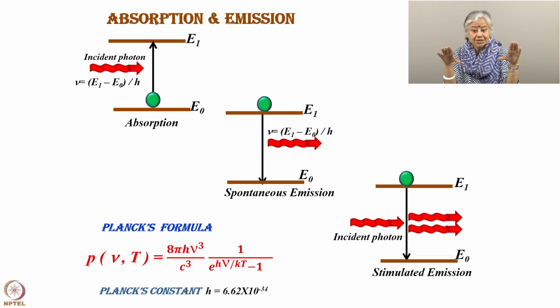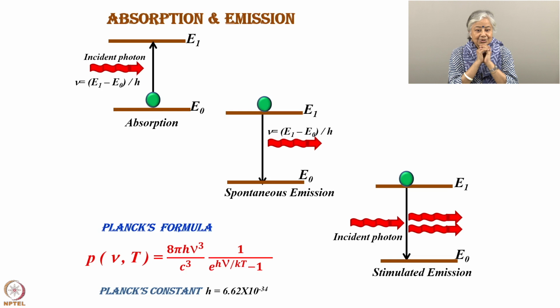Now, all this radiation that is coming out should follow a certain distribution. That means the specific radiation with nu as its frequency and T as its average temperature will follow a certain kind of radiation law, which is called Planck's formula, given here, and h again here is the Planck's constant which you came across before.